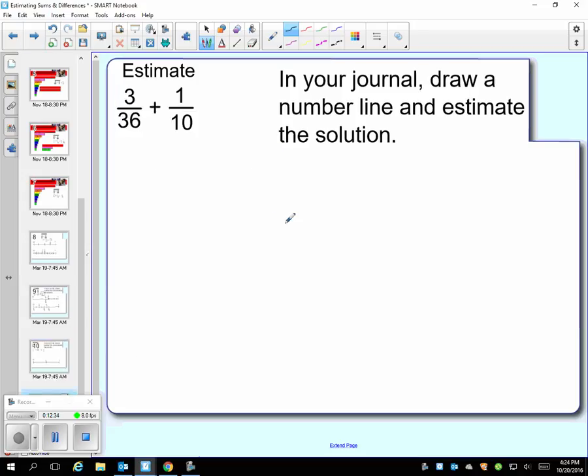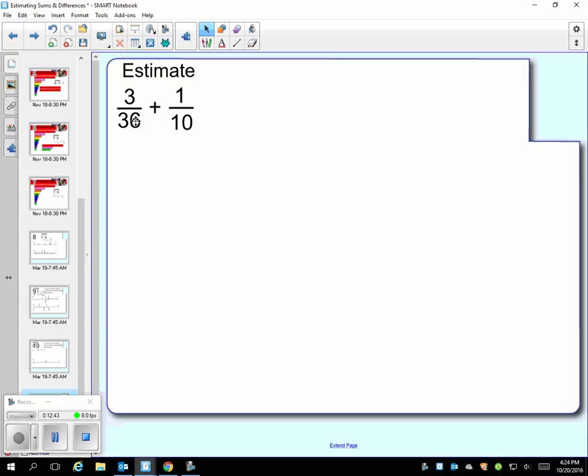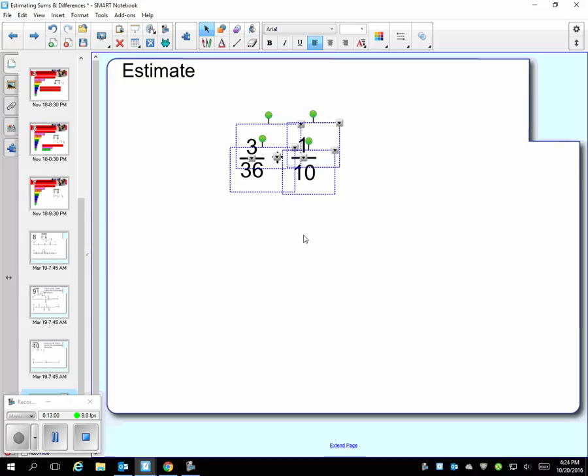Okay, tell you what. Take this one. You know what? Let's not even draw a number line. Let's see if you can determine 3/36 plus 1/10. Write that problem down in your journal. Okay, 3/36.